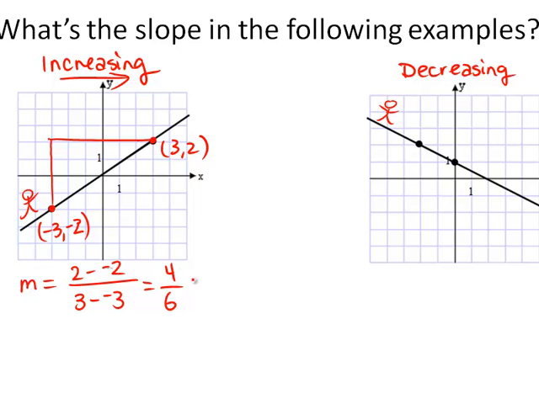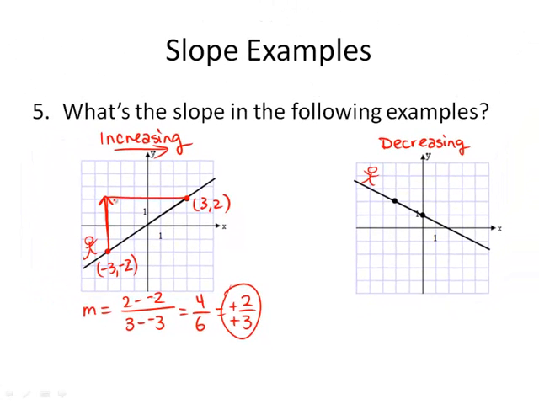So you'll notice that this is a positive 2 over positive 3 as a simplified fraction, which means you're going to have to go up 4 and right 6. Up, right. They're both positive.